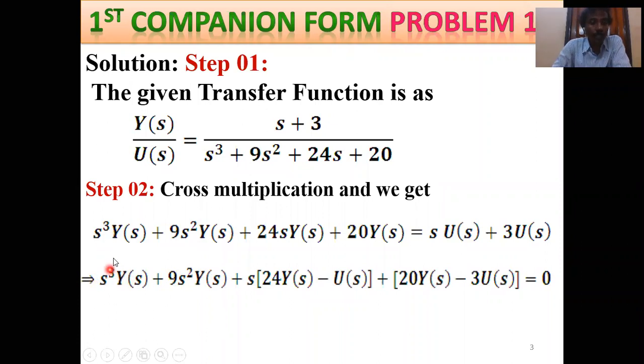Then s cube Y(s) plus 9 s square Y(s) plus 24 s Y(s) minus s U(s), since in this position s and also in this position s, so s common, 24 Y(s) minus U(s).